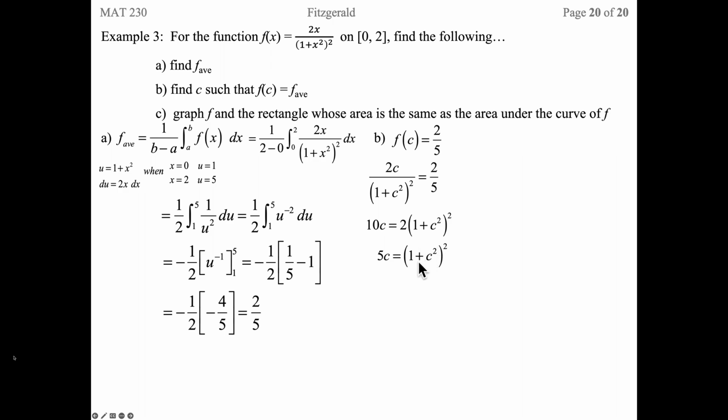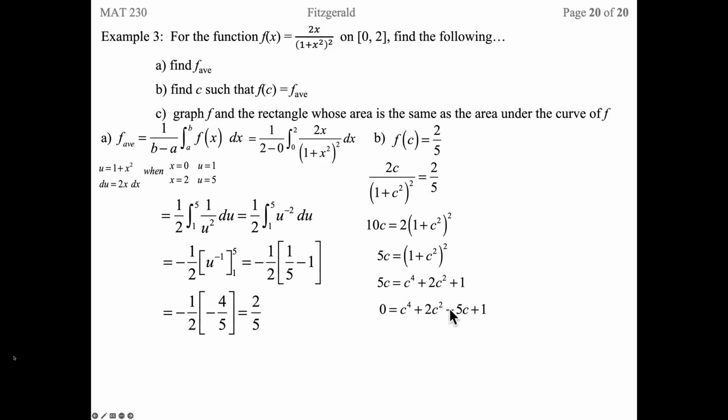That will be 1 plus 2c squared plus c to the 4th, or if you prefer to put it in descending order, c to the 4th plus 2c squared plus 1. We'll subtract over the 5c. Really can't combine it with anything. I can't factor this. This is really ugly.